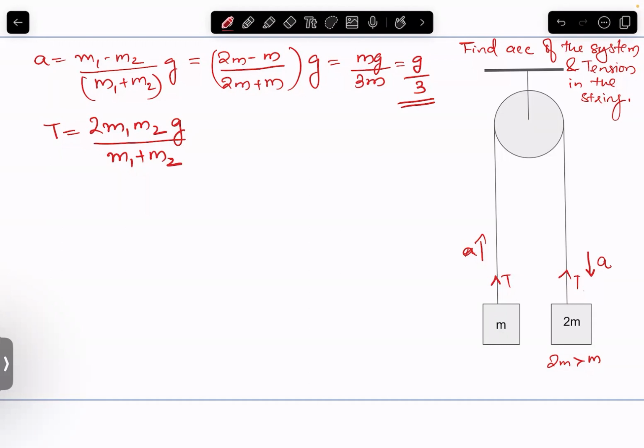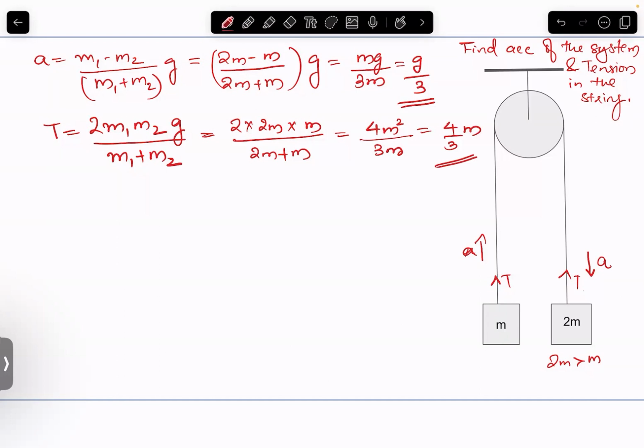So tension is 2 m1 m2 g by (m1 plus m2). Again, m1 here I am taking as 2m. So 2 times 2m times m divided by 2m plus m gives you 4m squared by 3m, that will give you 4 by 3 m.